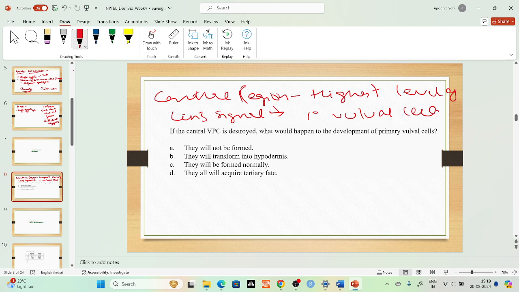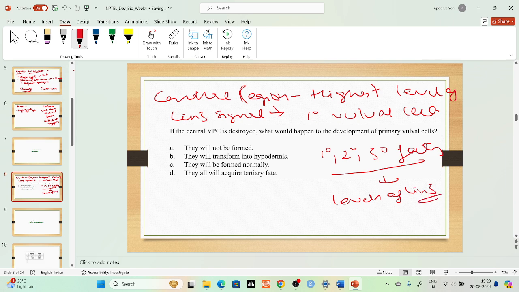So from this we can say that primary, secondary and tertiary fates depend on the levels of lin 3 that they receive. So primary fate would be adopted by the central portion and it becomes the central part of the vulva.